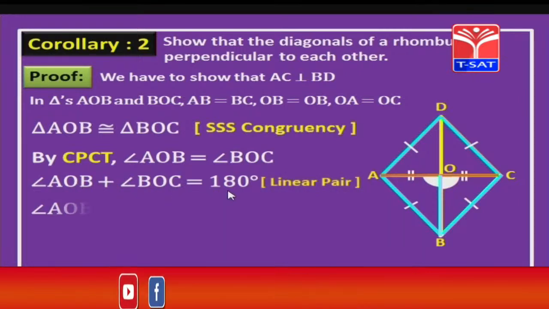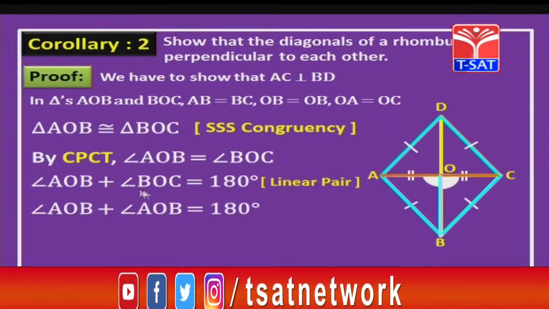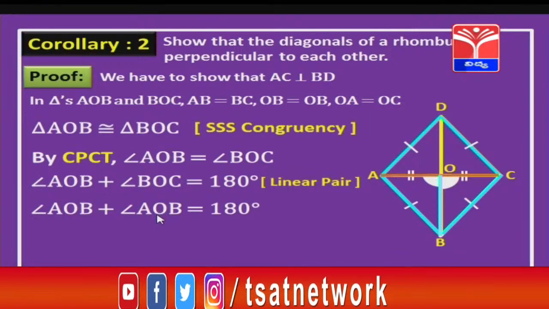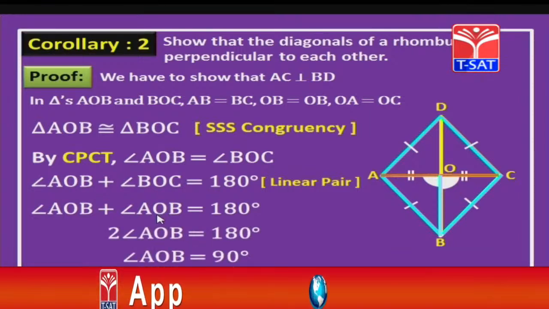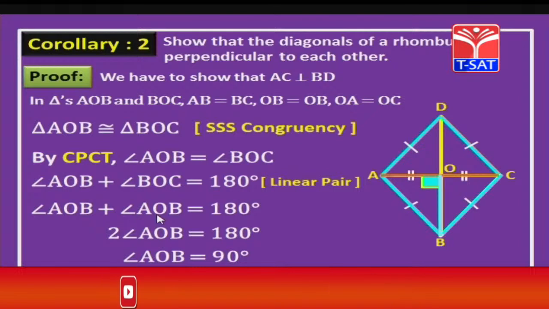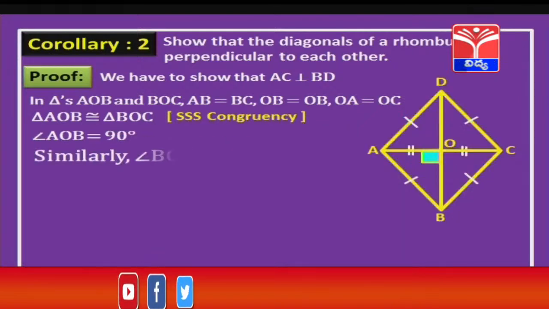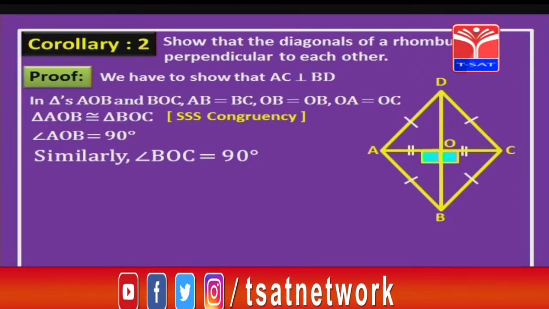But children, if you notice, we have seen AOB and BOC are both the same. So, in place of BOC, I am writing AOB. So, 2 times AOB is 180 degrees, angle AOB is equal to 90 degrees. So, we got one of the angles as 90 degrees, but already we have seen AOB and BOC are the same. So, even BOC is also equal to 90.